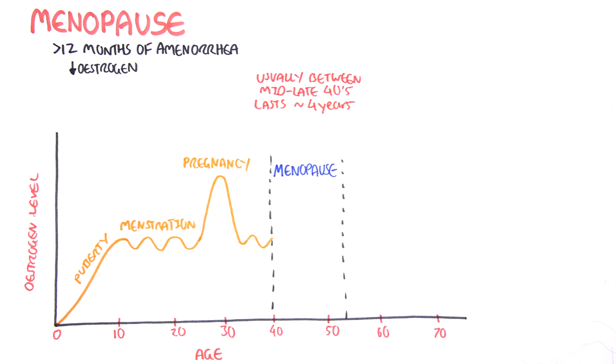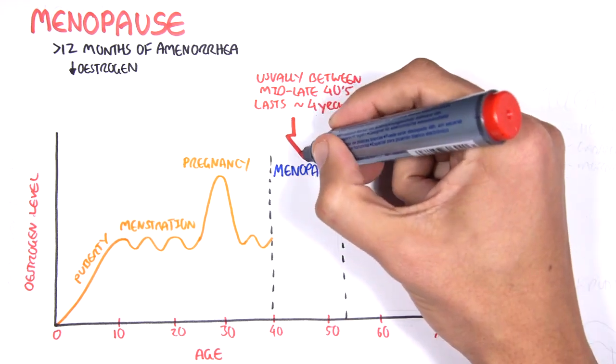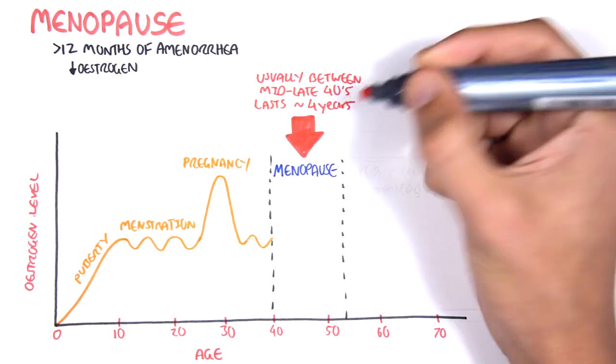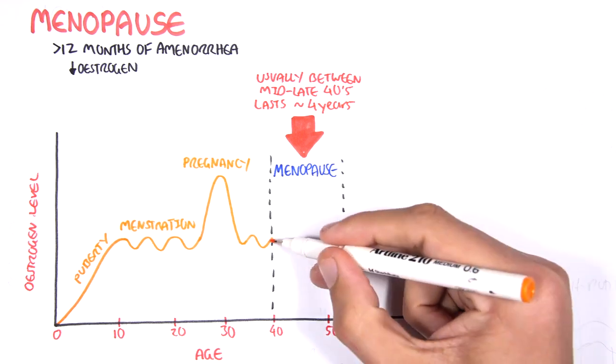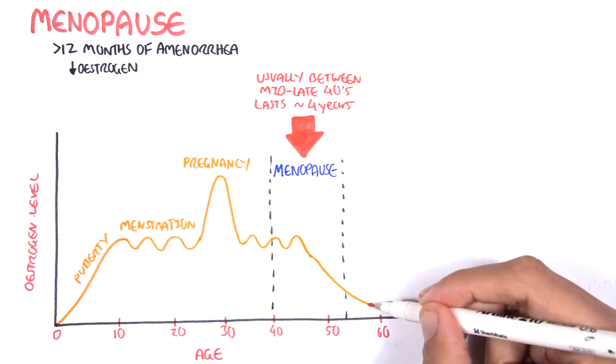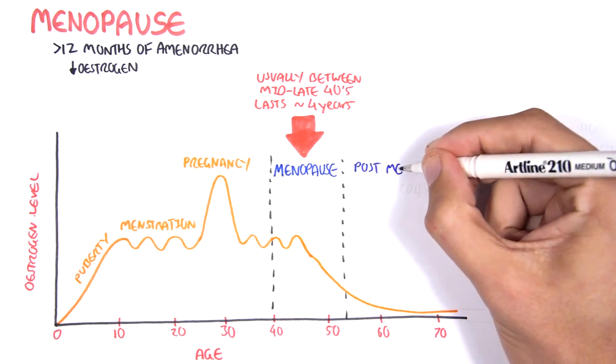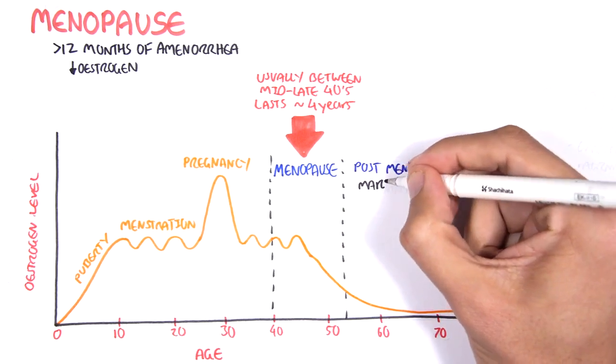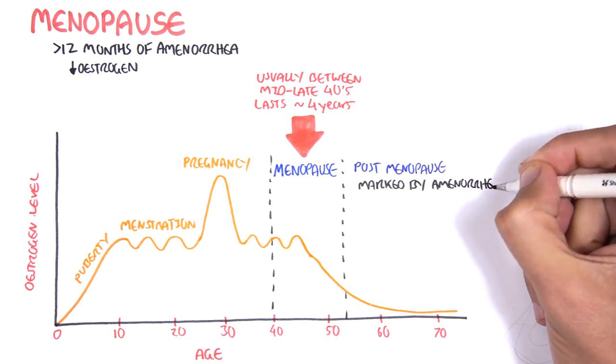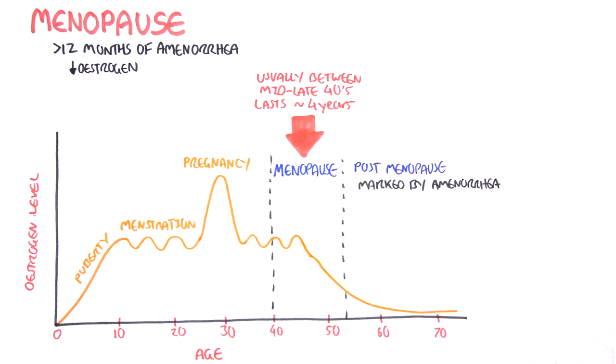In early menopause, the estrogen concentration are relatively stable. However, towards the end of menopause, you have a drop of estrogen concentration. So after the 4 years of menopause, you have postmenopause, where estrogen concentrations are very low, and there is no more menstruation, no more menstrual cycle, so-called amenorrhea.